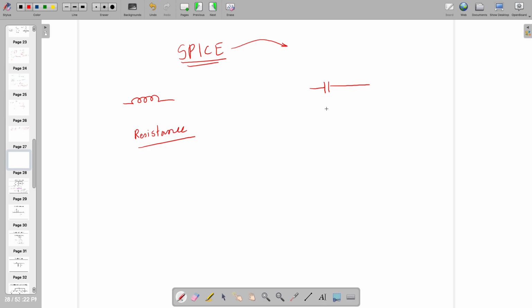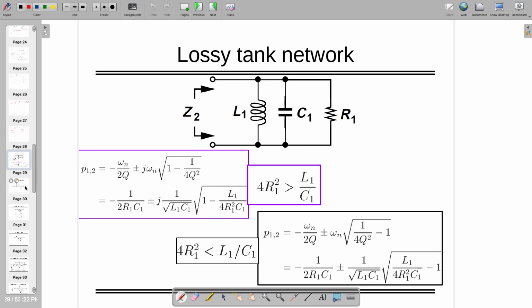You may have some extra resistance, in series or in parallel. In an inductor it goes in series, in a capacitor it goes in parallel. So your L and C combination has some extra resistance which is in parallel. This is not added by us, it's parasitic, and it's going to happen every time.